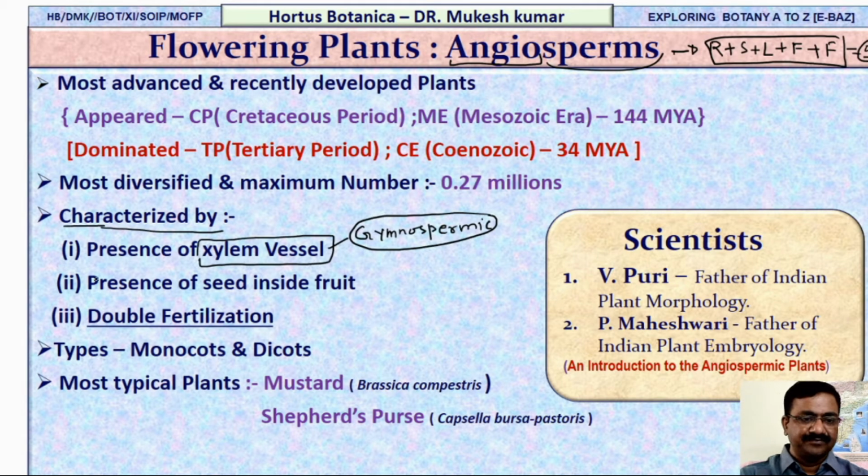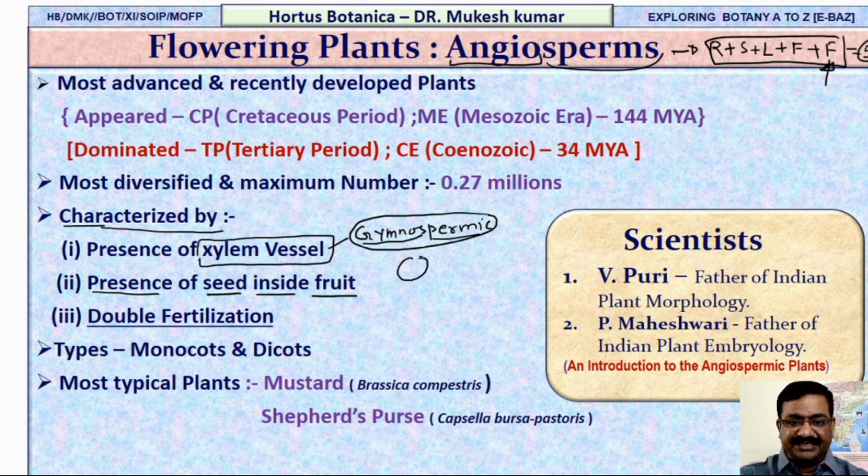Second, presence of seed inside fruit. Yes, the 4th organ, remember, the fruit. As I told you about the gymnosperm, gymno means naked and sperm means seed.